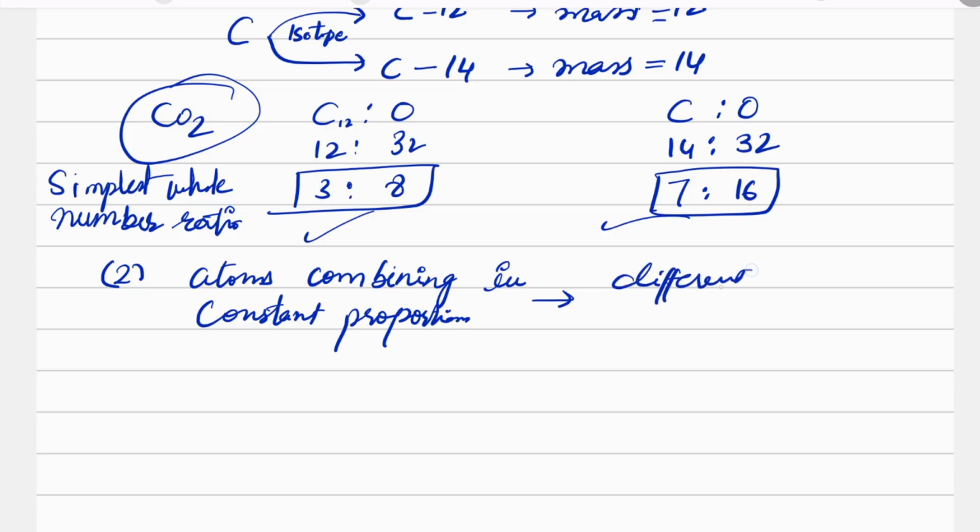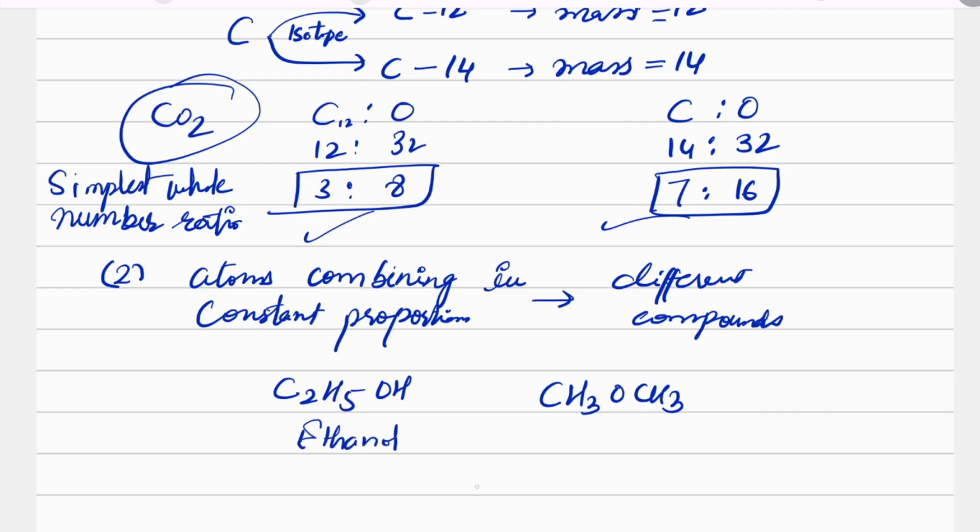They will make different compounds. How is that possible? Suppose we take C2H5OH, which has an isomer, CH3OCH3. What are these? This is ethanol, and this one is methyl ether, or you can say methoxymethane.